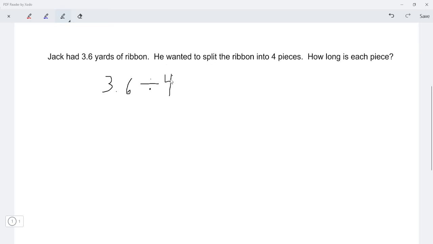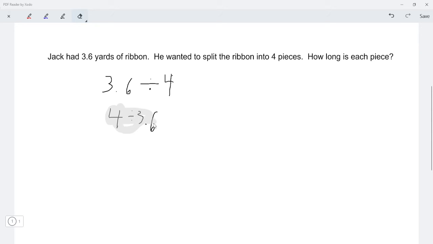But with decimals, you can't depend on that because 4 is bigger than 3 and 6/10. And 4 divided by 3 and 6/10, pretend that is a decimal here, is actually going to give you quite a different answer. So they are not the same.